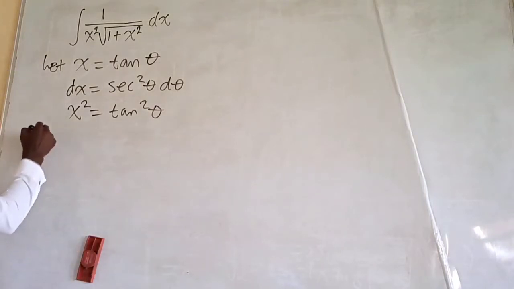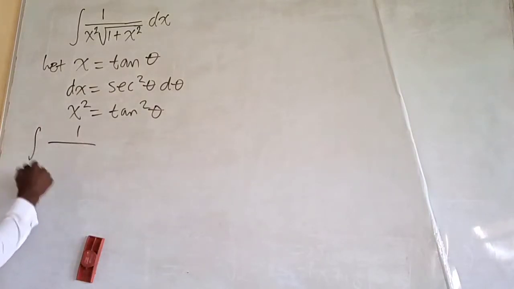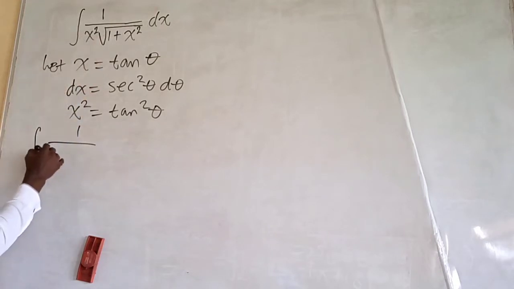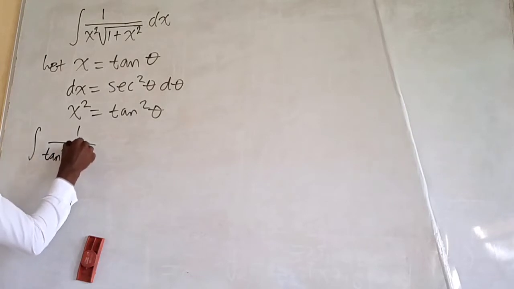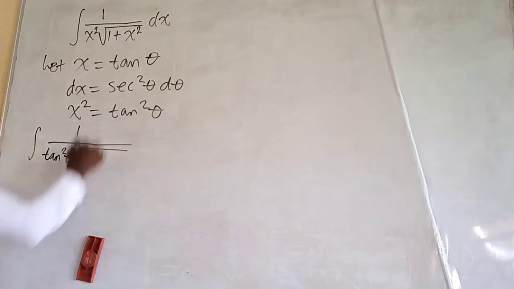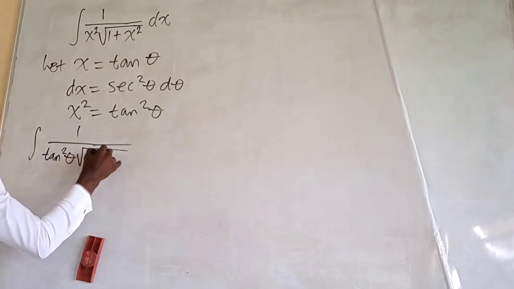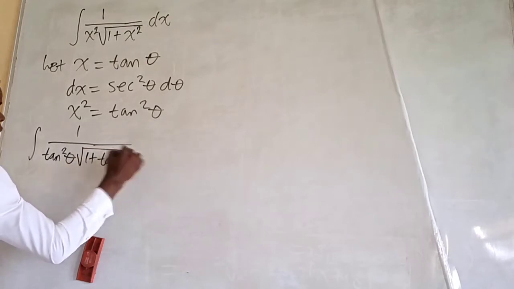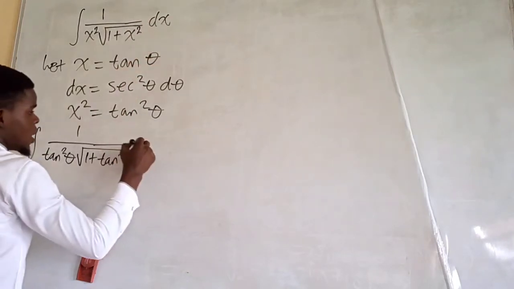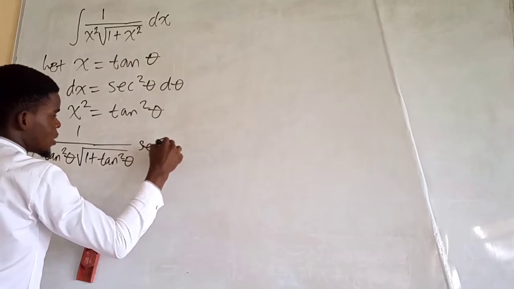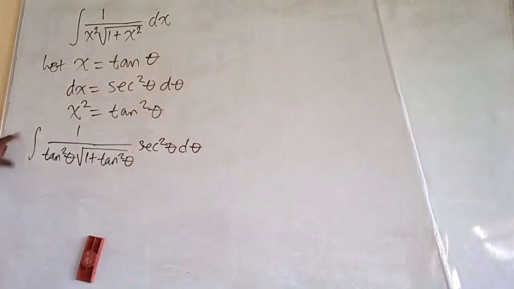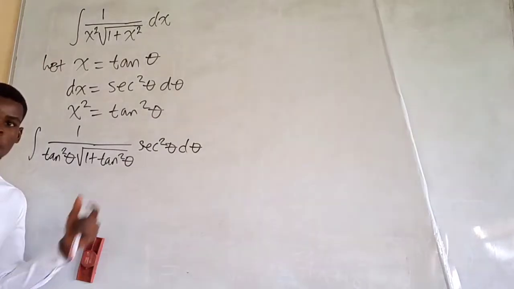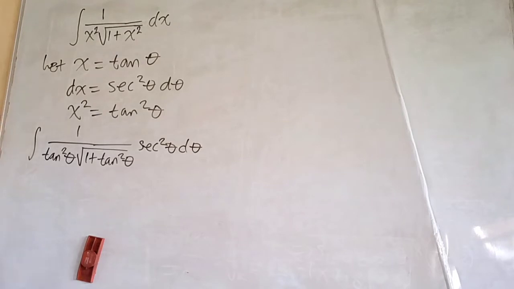So this is going to give us 1 over x squared, that is tangent squared theta, times the square root of 1 plus tangent squared theta, then dx as secant squared theta d theta. This is what we get from the trig sub, the change of variable from the x variable to the theta variable.